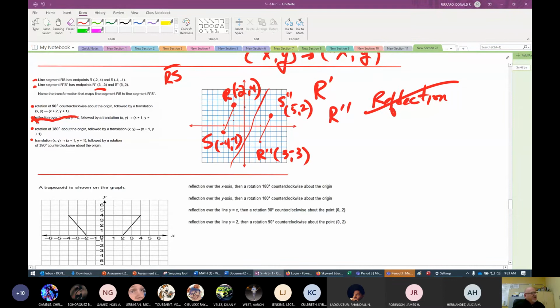If we just did a translation, which essentially all we're doing is moving points in the same orientation, R would go to R double prime, right? But in this case, it goes to S. Well, that doesn't work either. So it can't be a translation, so I'm going to take that out also.